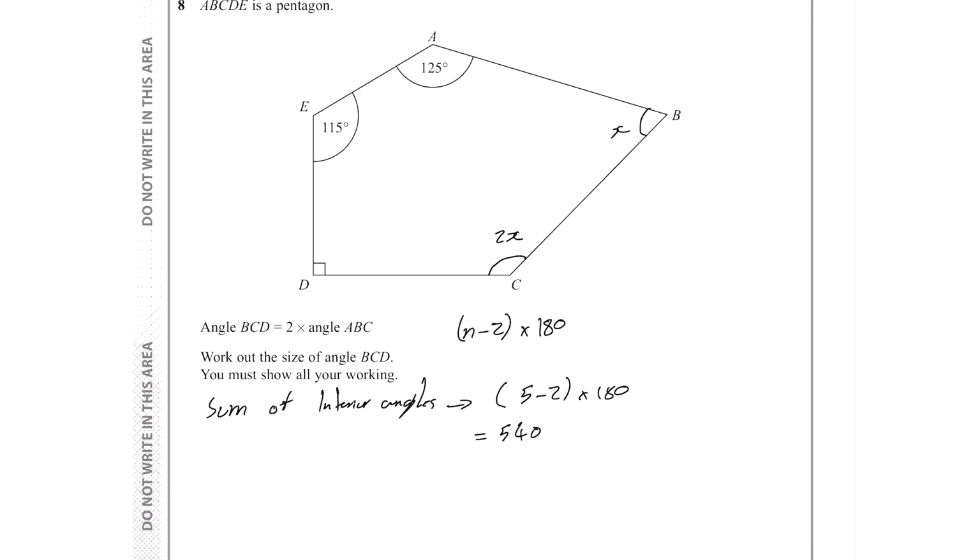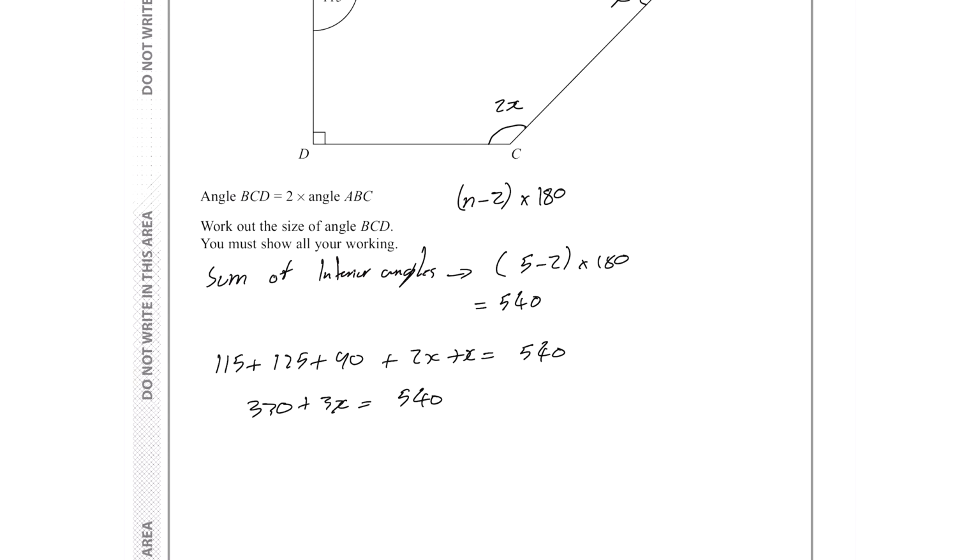which gives us 540. So all these angles, 115 plus 125 plus 90 plus 2x plus x, is equal to 540. If I collect the like terms, that's 330 plus 3x is equal to 540.